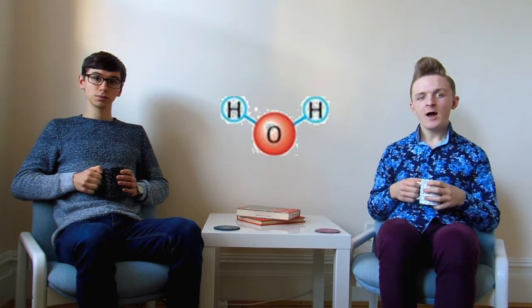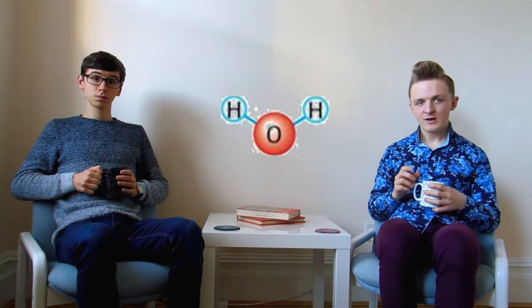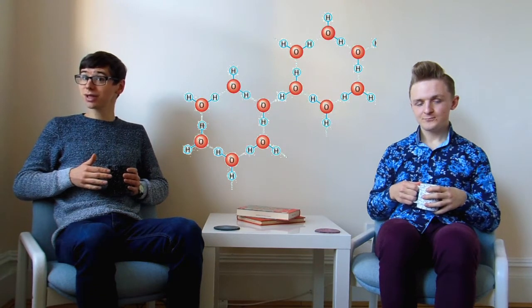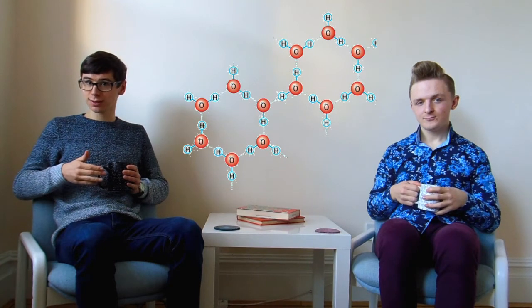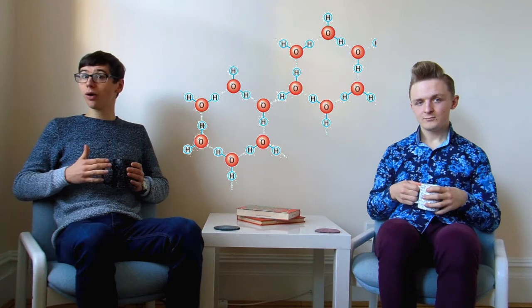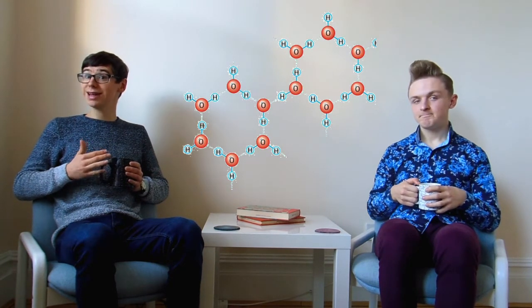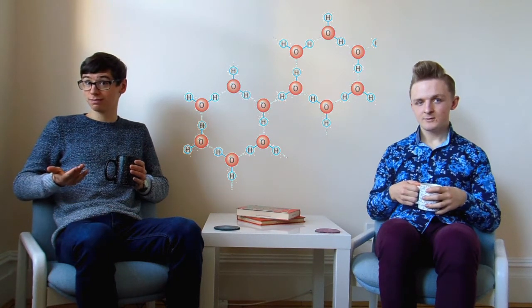In liquid water, hydrogen bonds are constantly breaking and reforming. But as we start freezing the water, hydrogen bonds form much more than they break. As a result, in ice, the molecules are held in a hexagonal structure, creating space between the molecules. This means there are fewer molecules in a given volume, and so ice has a much lower density than liquid water. If an object is less dense than the fluid it's in, it will float. So ice floats on water.